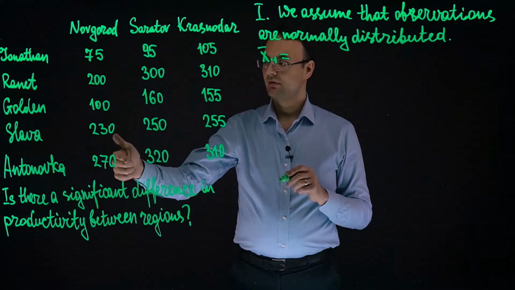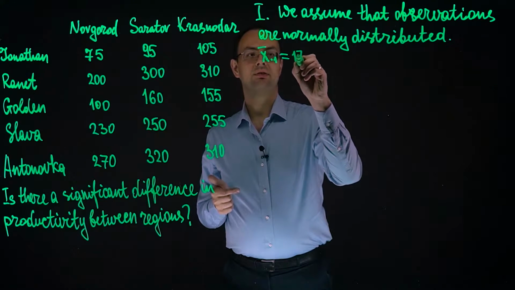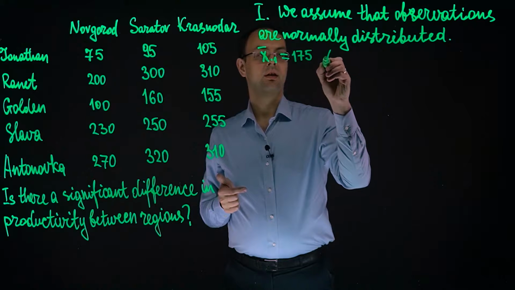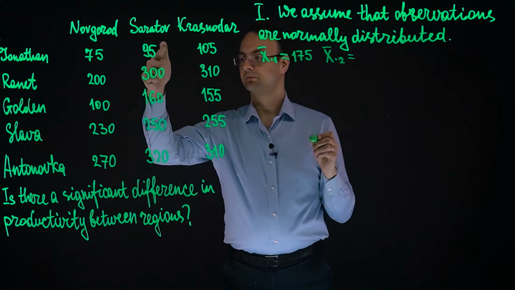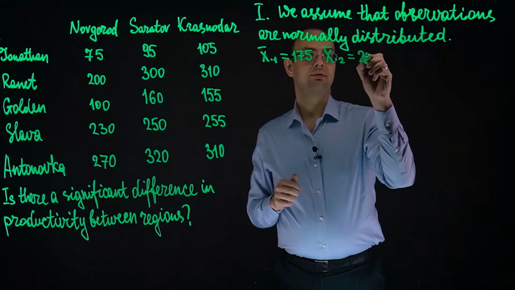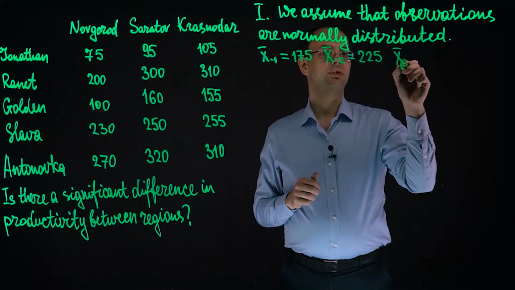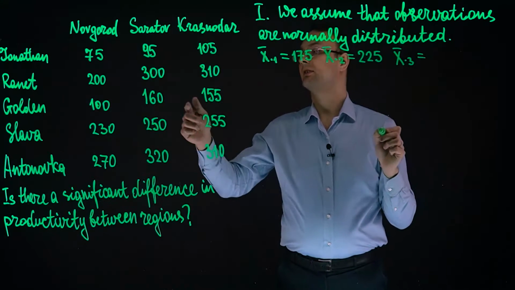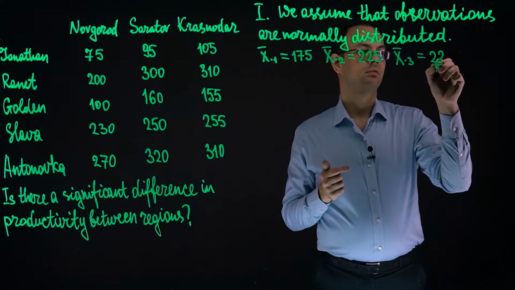So mean for the first column is 175. Mean for the second column is 225. Mean for the third column is 227.